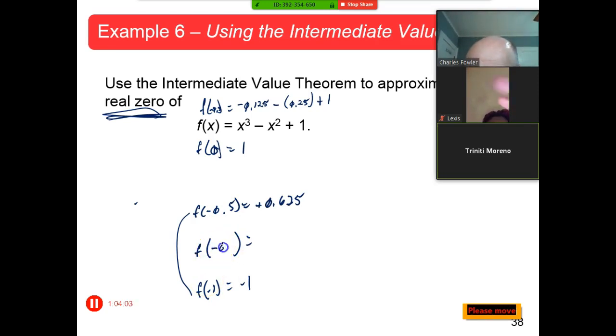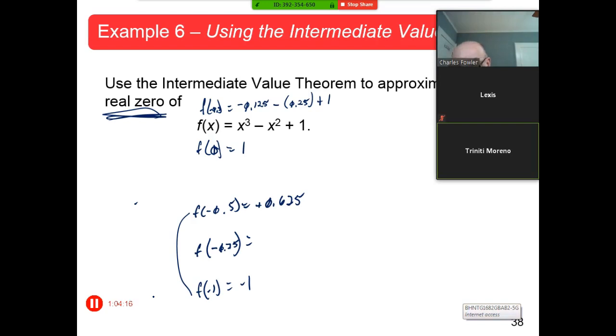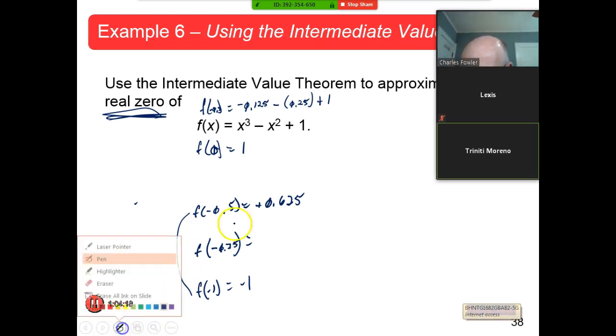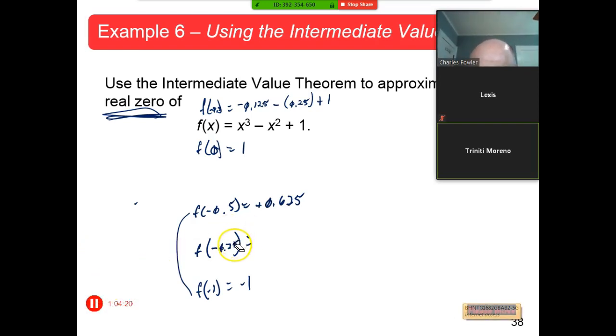Negative what? 0.75? Would that work? Isn't that in between 0.5? Or we could make it easier and just make it 0.7. Okay? That'll be easier to put on the calculator, won't it? Negative 0.7. So what we'll do is come up here and do a negative 0.7.